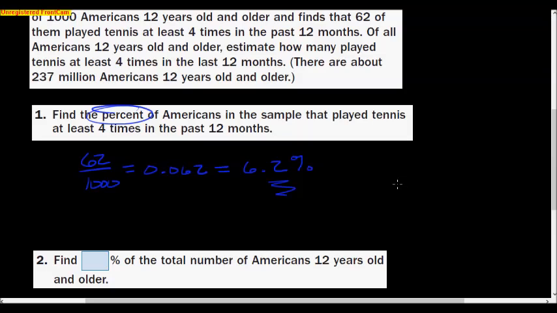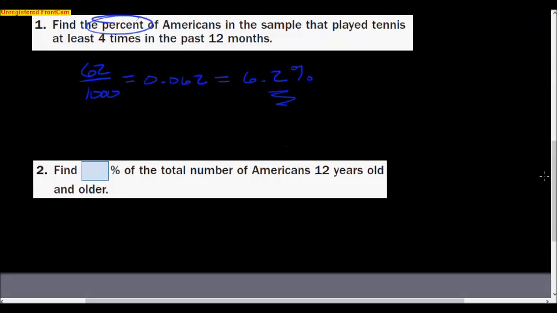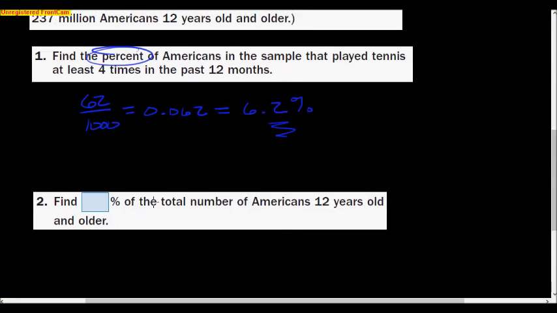Now we only sampled 1,000, so we're going to take that 6.2% and we're going to extrapolate it. We're going to expand it to represent the entire population. So I'm going to take 6.2% of 237 million.